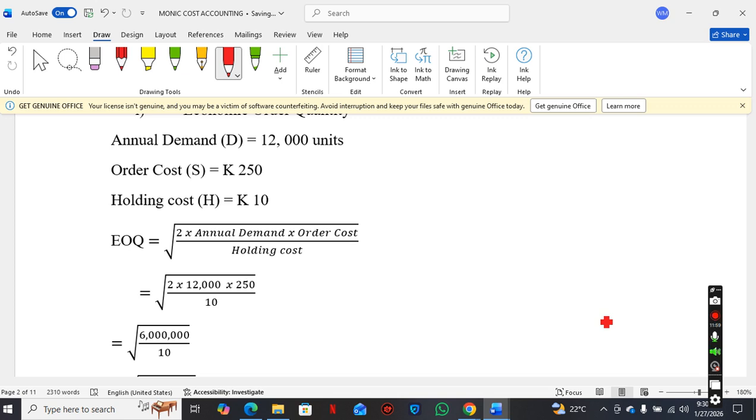Yes, transportation can be part of the order cost. Whenever you make an order, someone has to bring it to you and you're paying an extra fee for that, the delivery charge. Then transportation costs will fall under order costs.